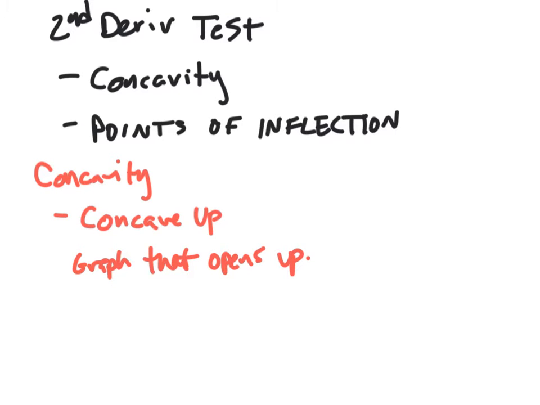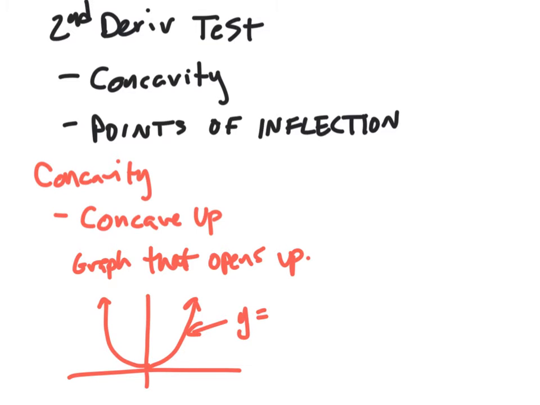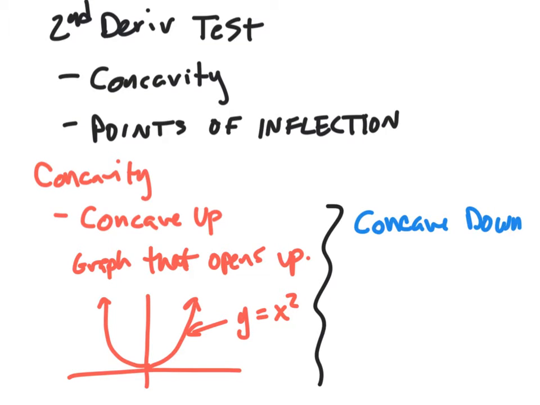The one example that I can give you is the equation y equals x squared. The parabola opens up, and this is an example of something that's concave up. The other option is concave down, which is a graph that opens down.